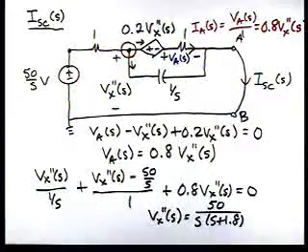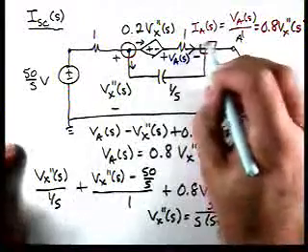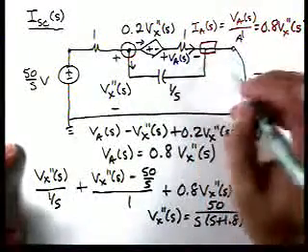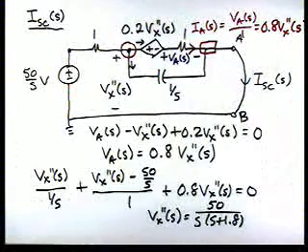Now, if we're going to find I short circuit, we're going to need to apply KCL at that node.